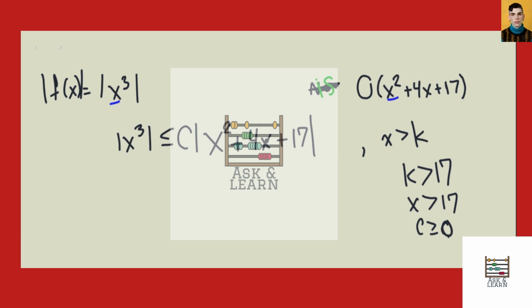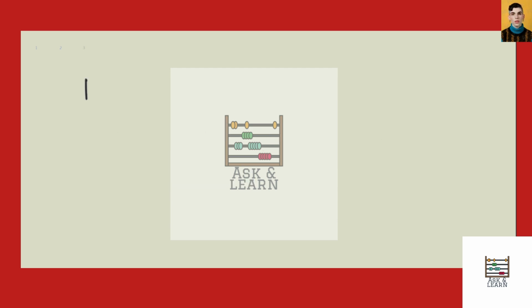Okay, so we're going to use the property that the absolute value of a plus b is less than or equal to the absolute value of a plus the absolute value of b. Let's start a new page here.